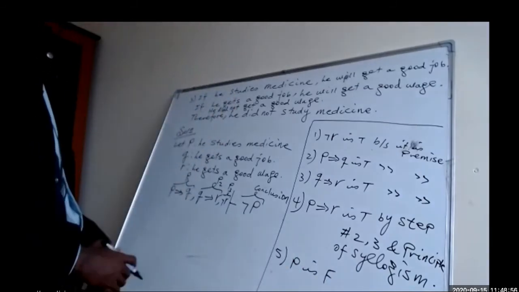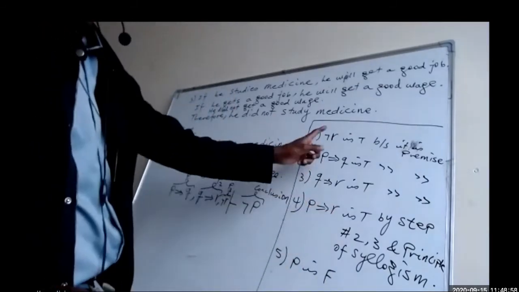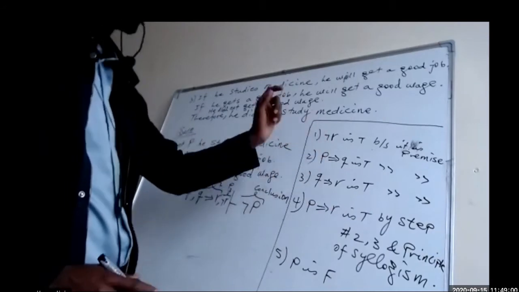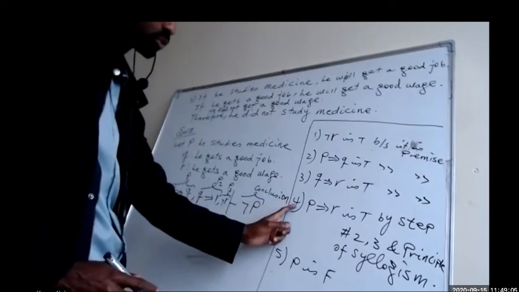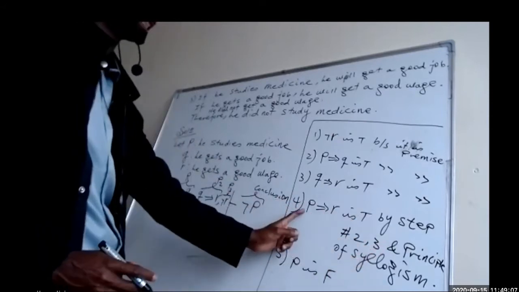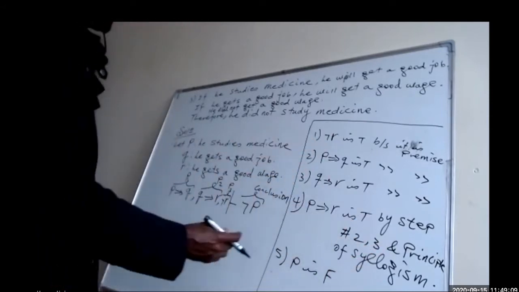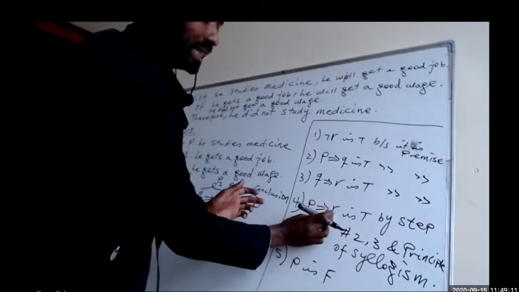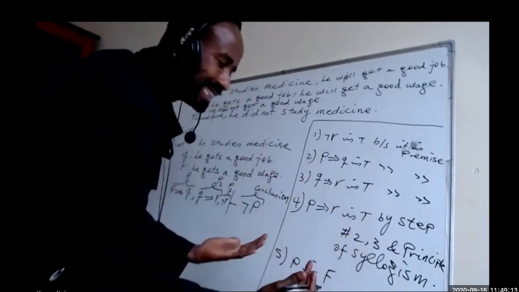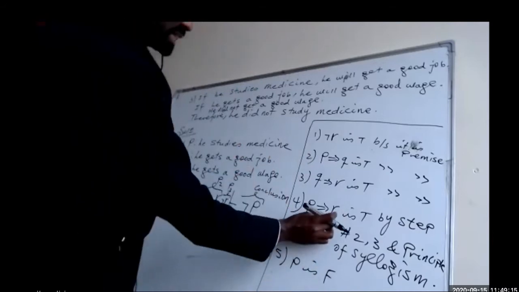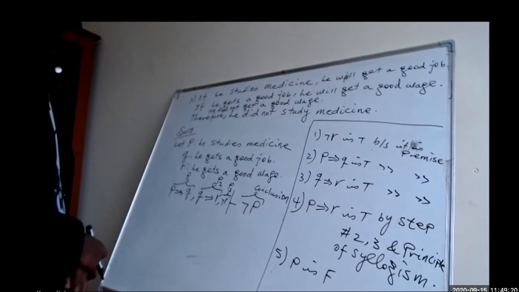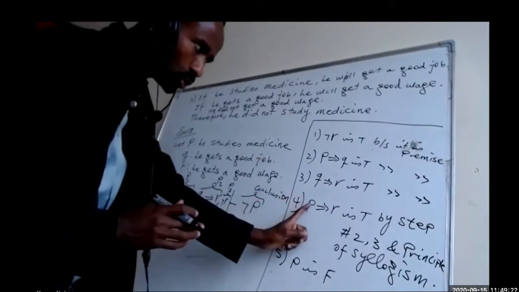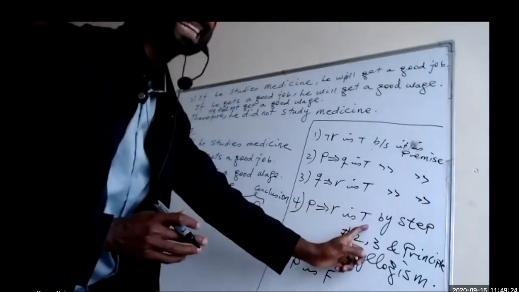P is false. R is known to be false by rule of negation, and by step number 4, by principle of syllogism, P implies R is already true. Therefore, to make this implication true, having the second component false, the first component must be false. If it is true, true implies false will make it false.